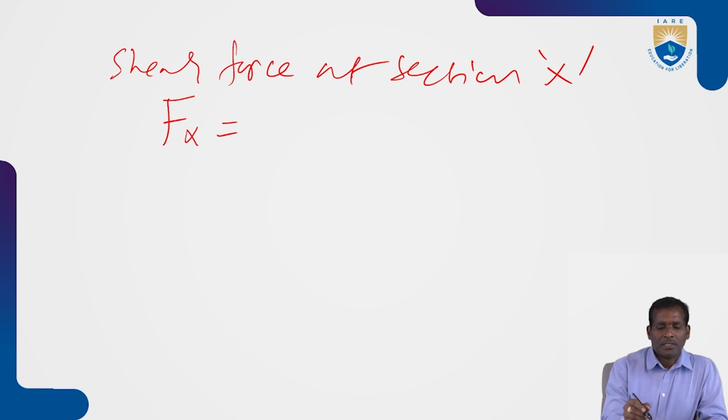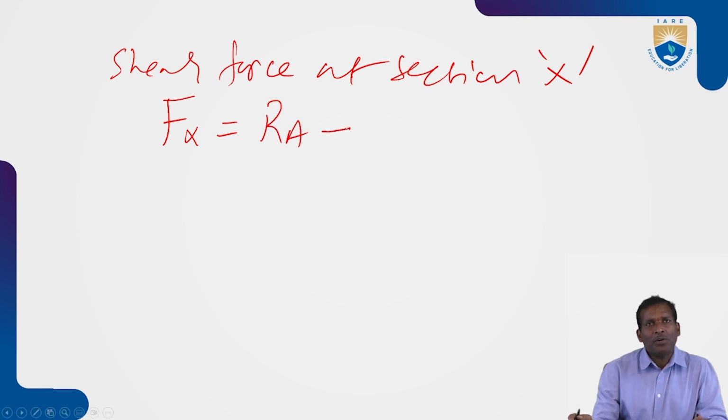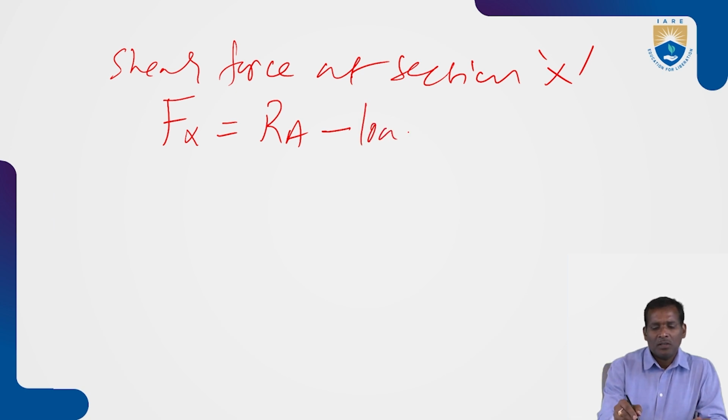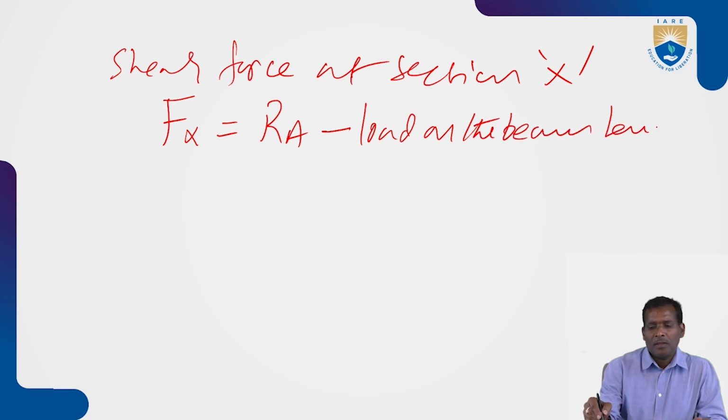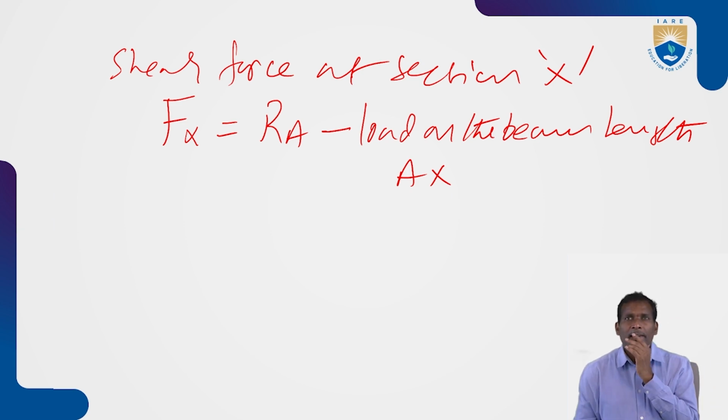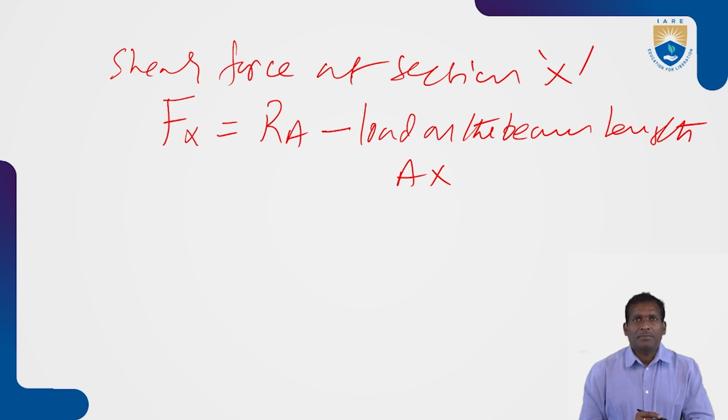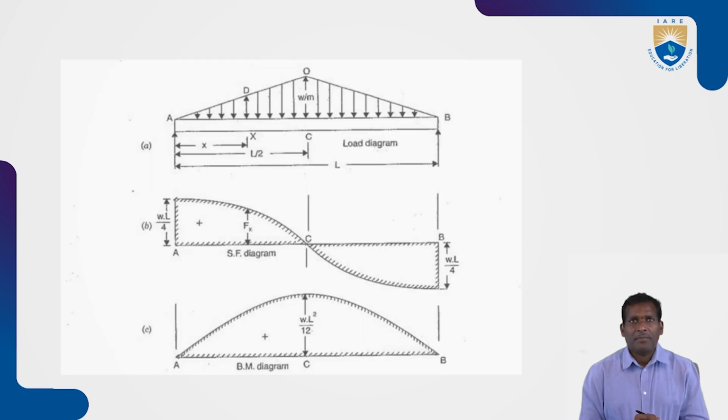The shear force at section X is equal to RA, the reaction force acting upwards, minus the load on the beam length AX. Why? Because the section is taken up to length X.